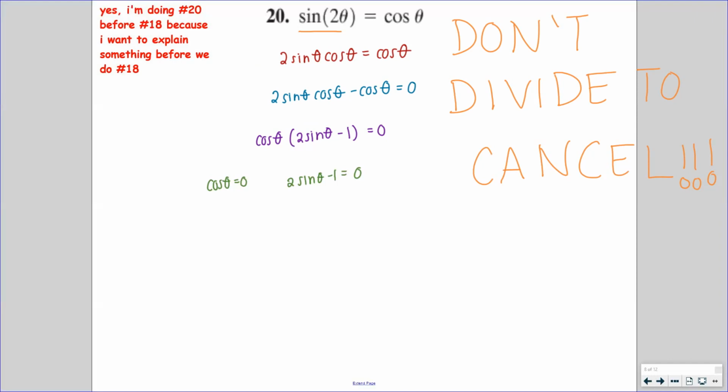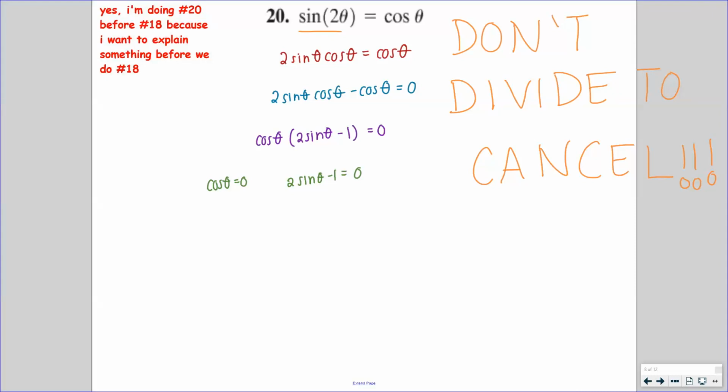Anytime you're solving a problem like this and you divide and cancel, imagine that a cute puppy corgi dies somewhere in the world. So don't divide to cancel, save the cute puppy corgis. Hopefully you won't forget now. My dad tells me that, except with giraffes. Oh, I don't know what's more sad. Okay, just don't do it. Don't do it, you guys. All right, just say no.